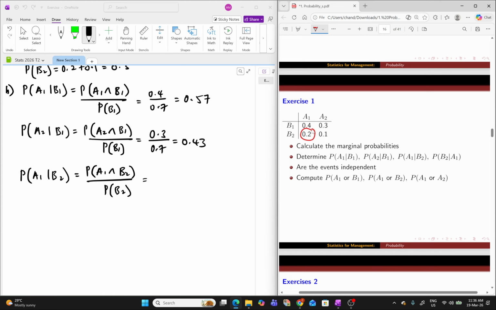A1 B2, 0.2, and probability of B2 is 0.3, you will get 0.7.